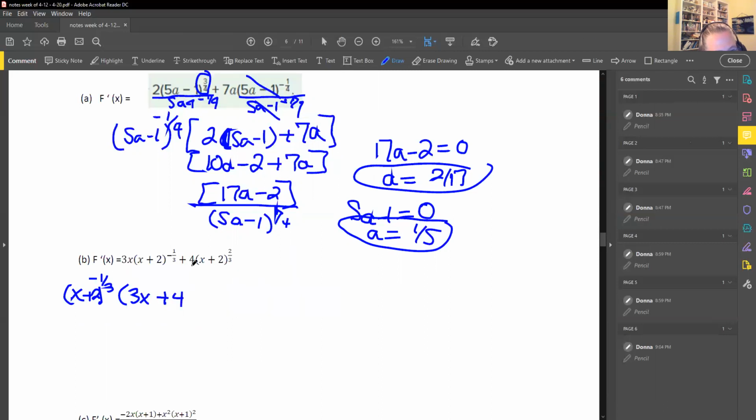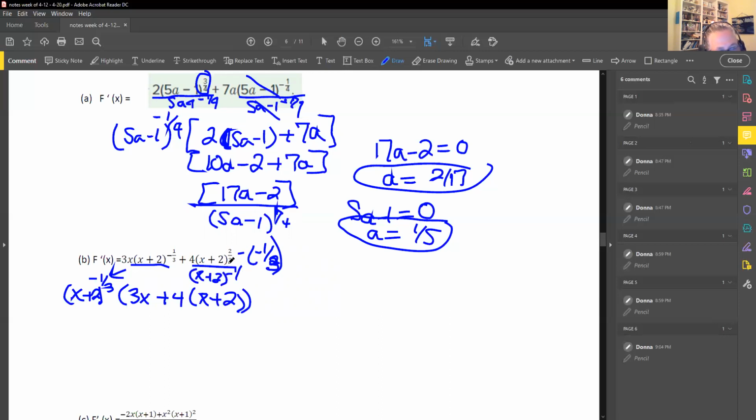Now this one, keep in mind what you're dividing by, x plus 2 to the negative 1/3. So 2/3 minus a negative 1/3, well, guess what that is? That's 1. So it's 4 times x plus 2.